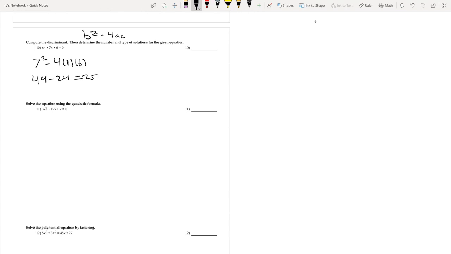Well, what do these numbers represent? If I get a number greater than 0, it's 2 real solutions. If I get a number equal to 0, it's 1 real solution.